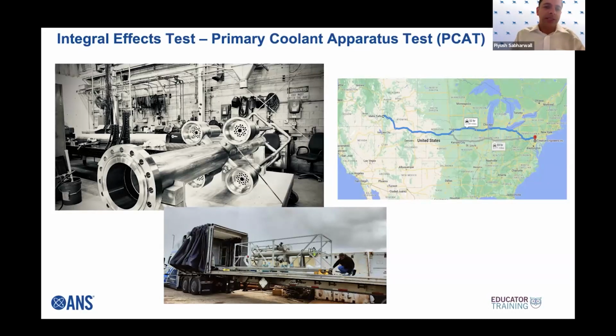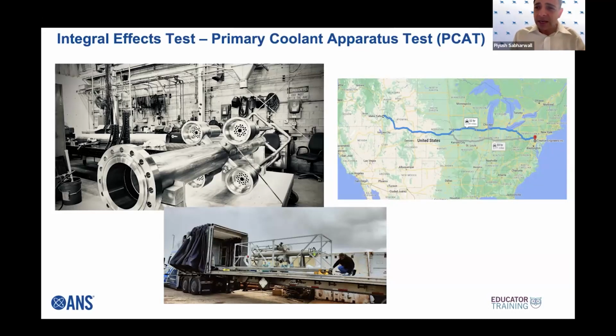It has the same size and same volume, except for nuclear fuel. We basically use electrically heated rods to heat it, to understand how it would behave, how the flow would behave, whether we are able to get rid of the heat, and how the system behaves when you couple this together.